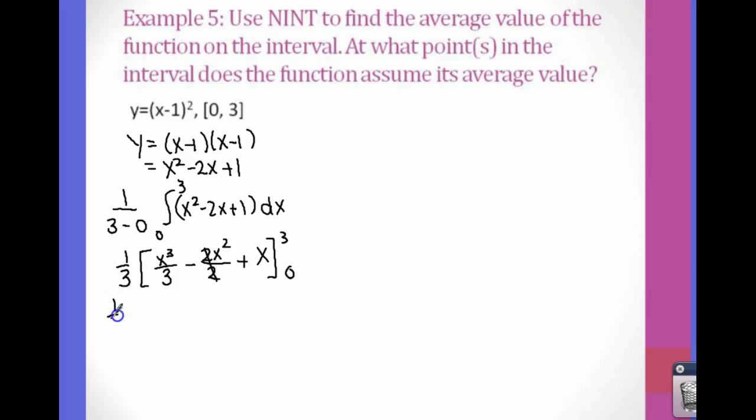The 1/3 remains outside. You wonder why they have the lines in them. Okay, 3 cubed becomes 27 over 3, which becomes 9. 3 squared is 9, so you end up with 9 minus 9 plus 3 minus 0 cubed, which is 0, 0 squared, which is 0, plus 0.